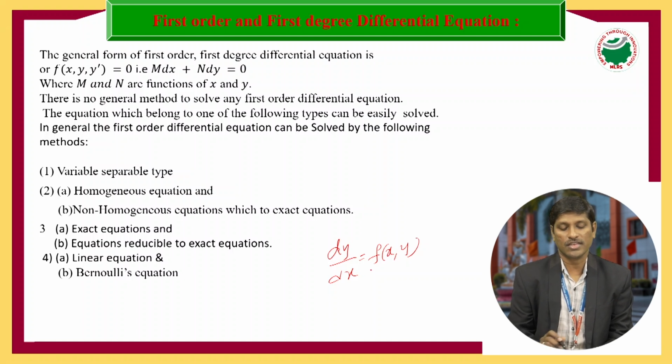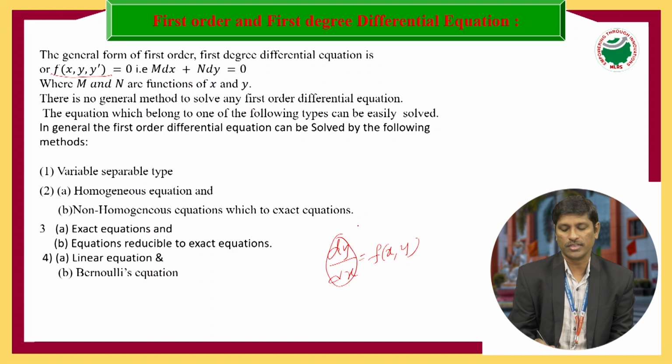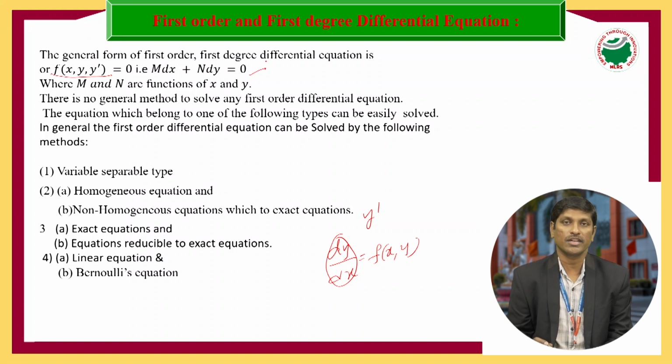So here the general form of a first order first degree differential equation is f of x, y, y dash equal to 0, where in place of dy by dx we can use y dash also. Or in this specific form we say M dx plus N dy equal to 0, where M and N are both functions of x and y.